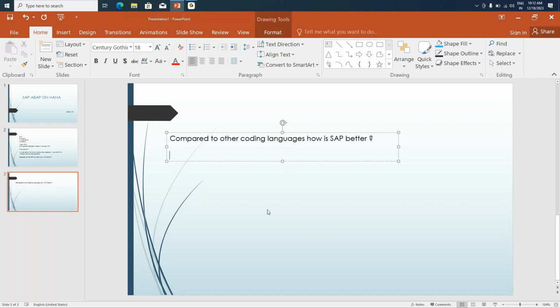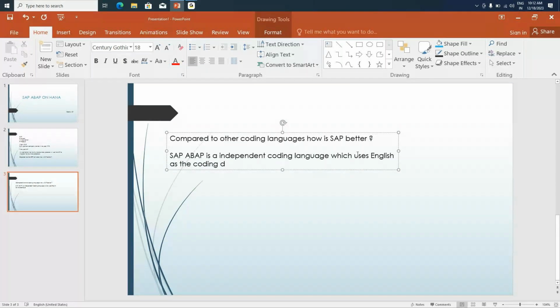In SAP, we don't need to worry about syntaxes at all, because SAP ABAP is an independent coding language which uses English as the coding format.